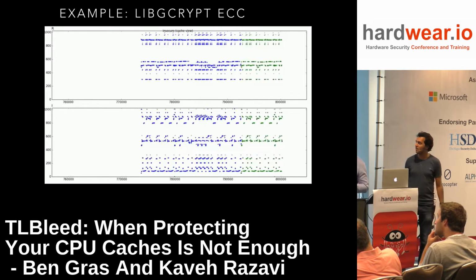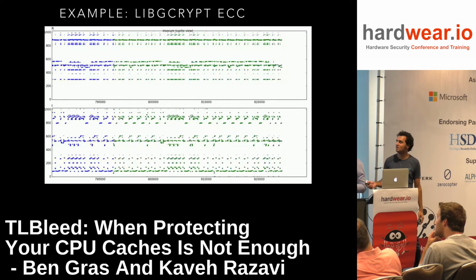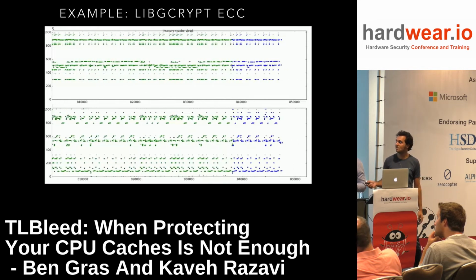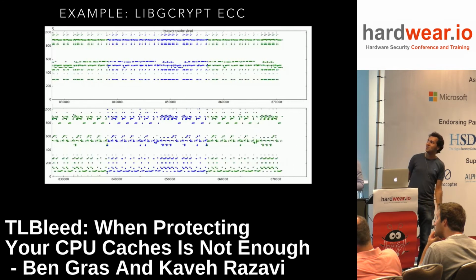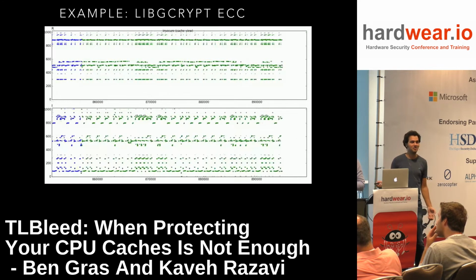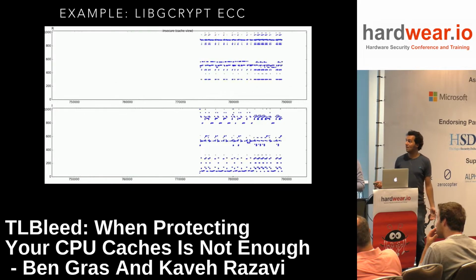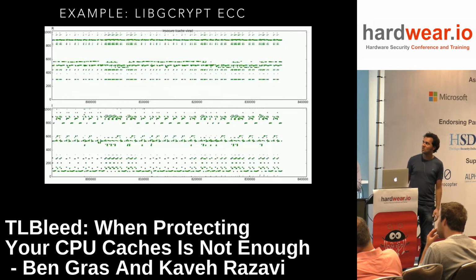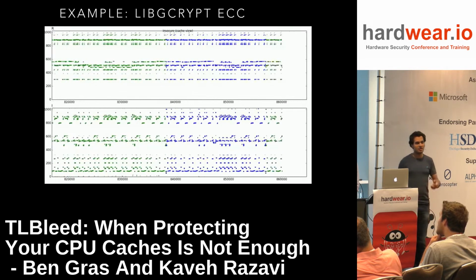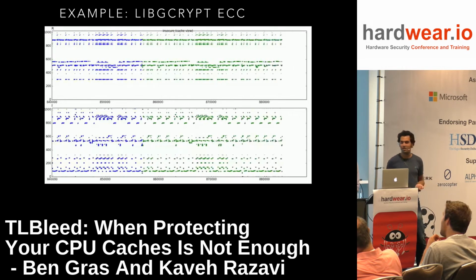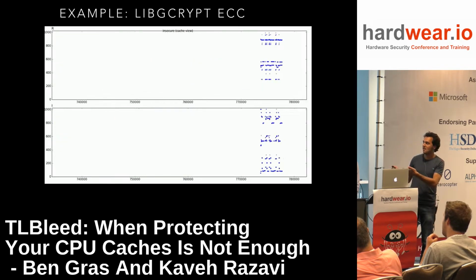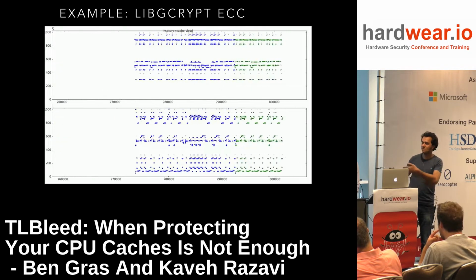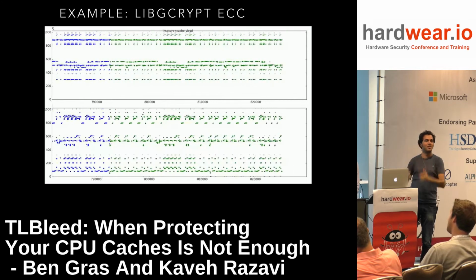So this is how it looks. The blue one is if the key bit is 0, and the green one if it is 1. Obviously, you can see that whenever the bit is 0, the operation is shorter. But more importantly, whenever the bit is 1, the type of access patterns that happen is also a little bit different. To understand this better, we put them back to back to see how they look.